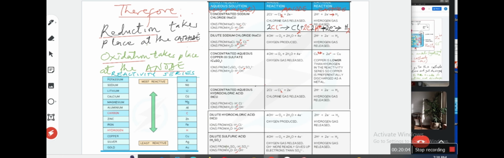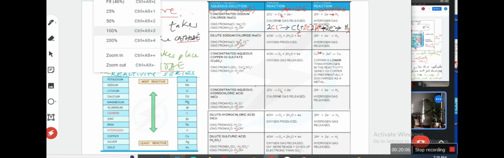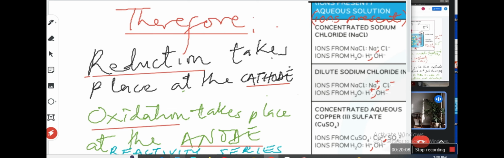I need to run through this table. This table is very, very interesting. Reactivity series. Are you on about the reactivity series?